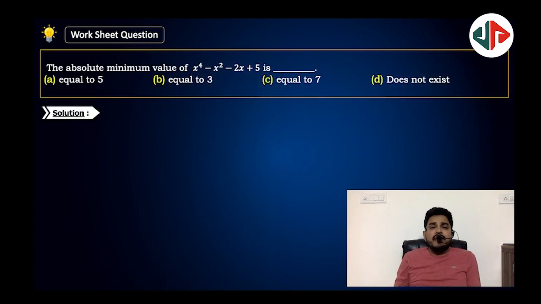The absolute minimum value of x power 4 minus x square minus 2x plus 5 is equal to, at x is equal to 0, we have 5. But if x is some positive quantity, this one can be negative. So maybe less than 5 will be possible.